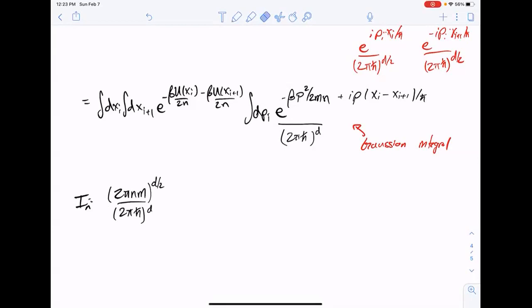I'm missing a factor of beta from the variance of that momentum integral. I'm left over with these integrals over space still, and the potentials evaluated at those positions.